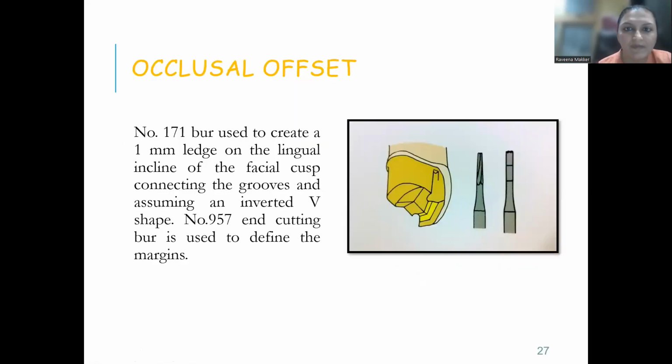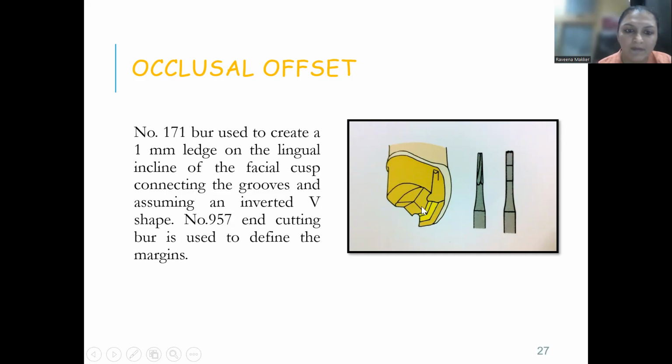Then is the occlusal offset. A number 171 burr is used to create a 1 mm ledge on the lingual incline of the facial cusp. This is the facial cusp and its lingual incline. Now, this ledge is produced on the lingual incline of the facial cusp, connecting the grooves and assuming an inverted V shape. The proximal grooves on either side are connected with the help of a ledge, which is called the occlusal offset.